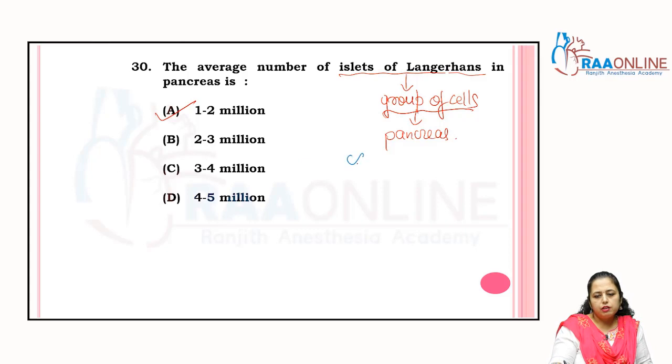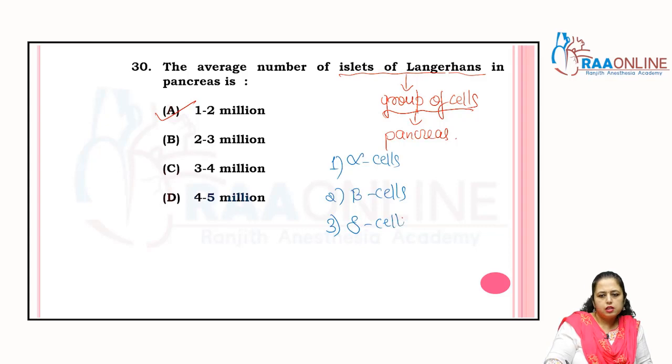Mainly there are 4 cells: alpha cells, beta cells, delta cells, and F cell, also known as the PP cell.